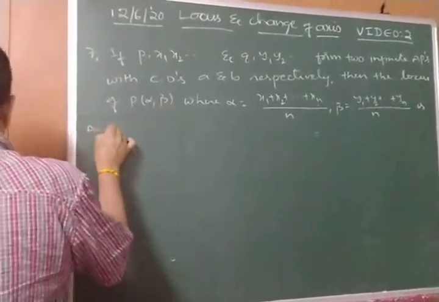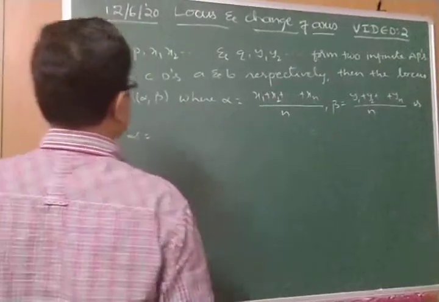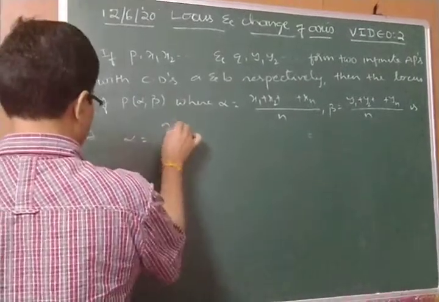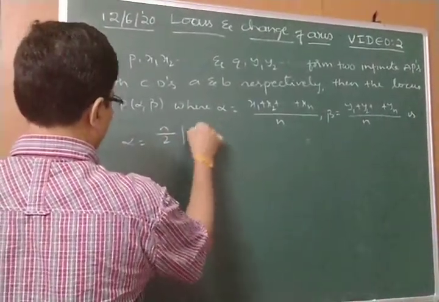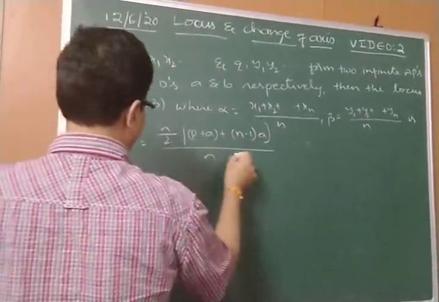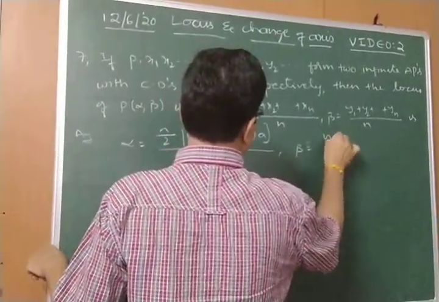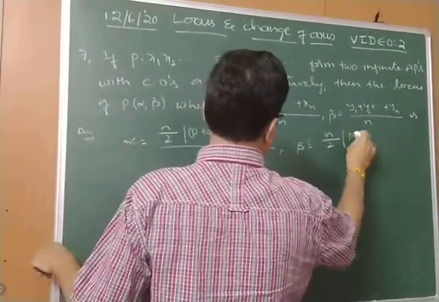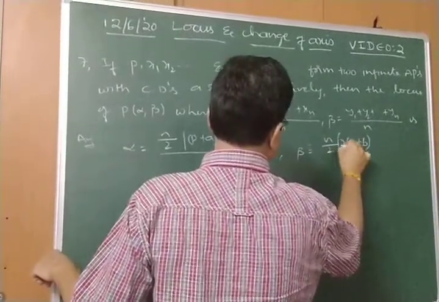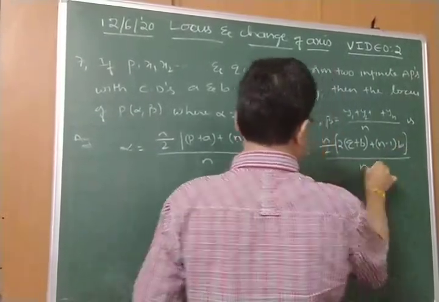So the answer is alpha is equal to the sum of n terms, that is n by 2 into (2p + (n - 1) times the common difference a), whole divided by n, and beta is equal to n by 2 into (2q + (n - 1) times b), divided by n.